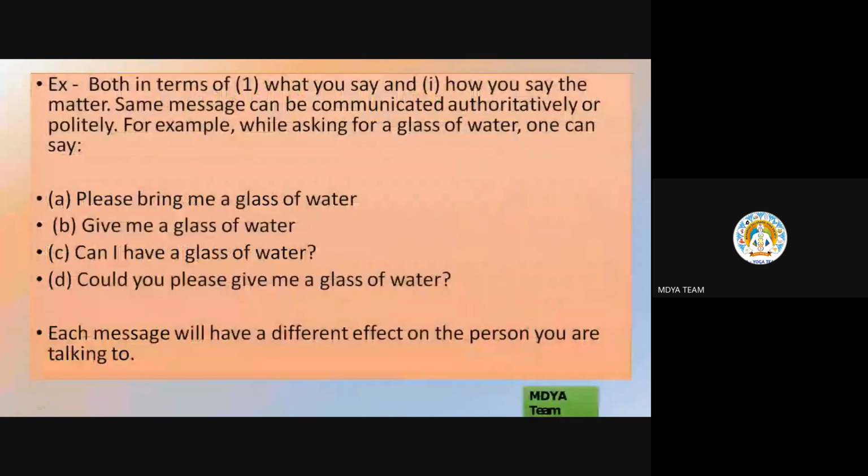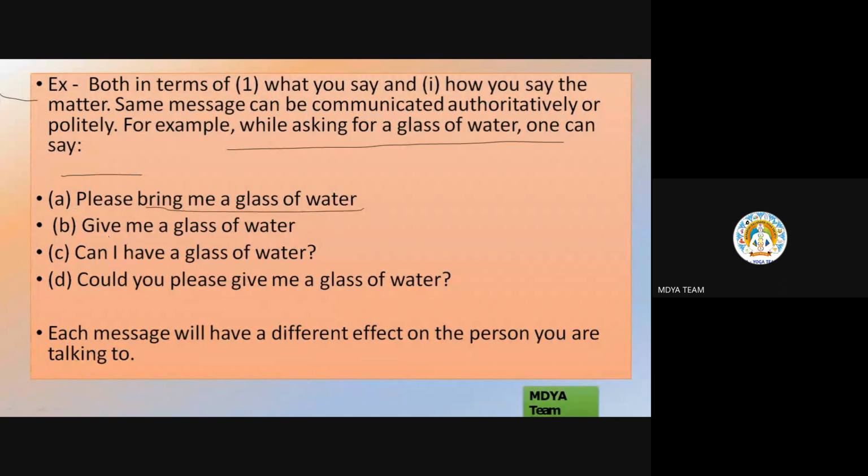Example given: both in terms of what you say and how you say the matter, the same message can be communicated authoritatively or politely. For example, while asking for a glass of water, one can say, "Please bring me a glass of water." This example is more polite and informal.